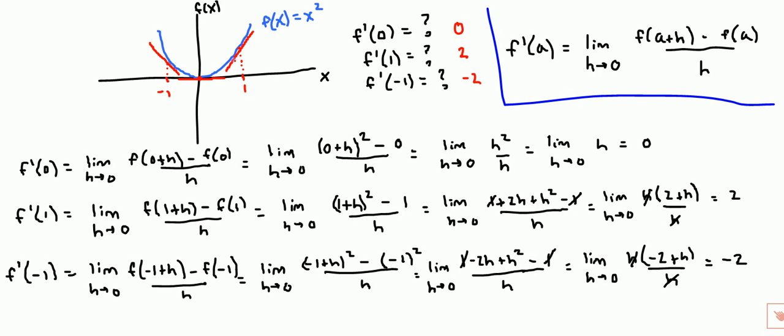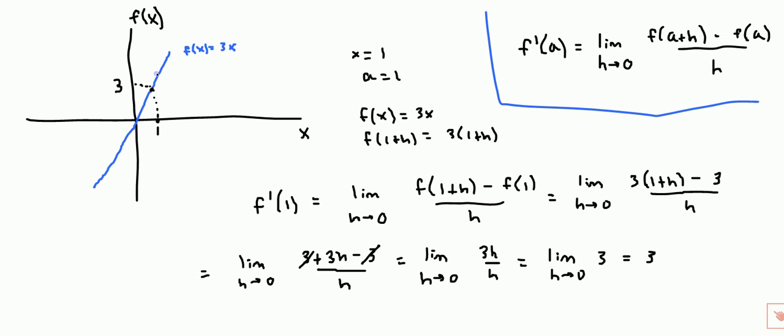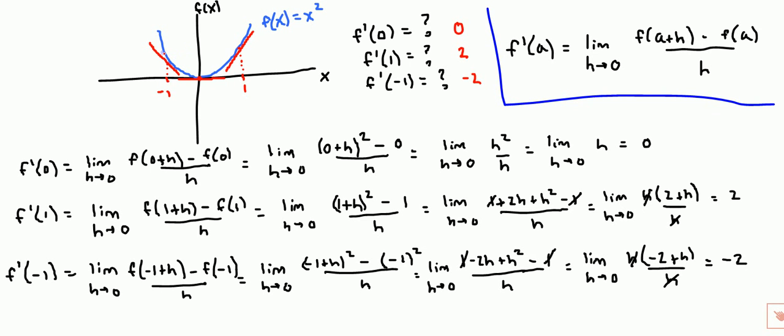This is different than just finding the slope of a line, right? The slope of a line is the same everywhere. The slope of the curve changes as x changes, as you can see from the tangent lines, and as you can see from the calculations we did, finding the derivative at the different points.